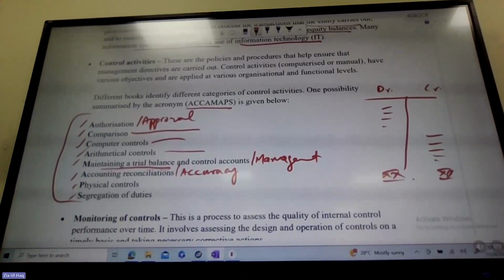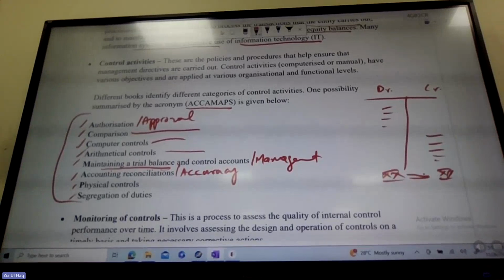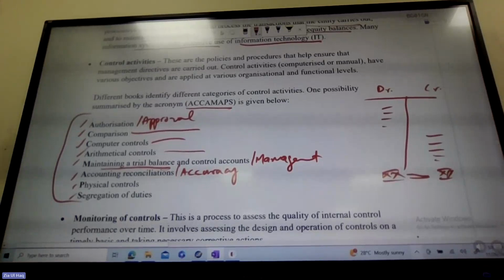Because in accounting, when we record transactions, there is a dual effect: one is debit, one is credit. If both totals agree with each other, this means the accounting entries were accurate. If both figures do not agree, debit and credit of the trial balance, this means there are errors in the accounts that we need to identify and rectify.